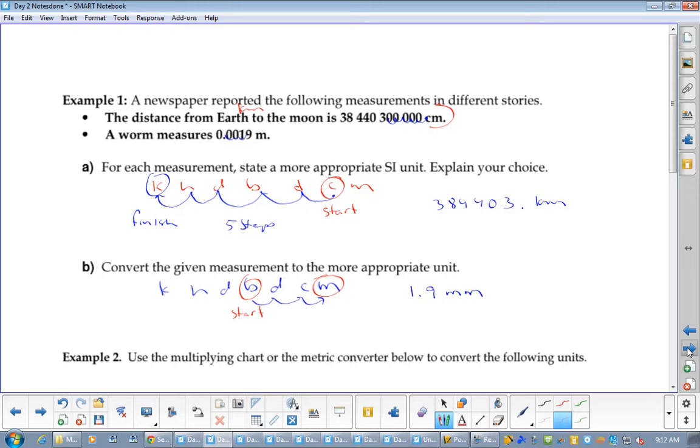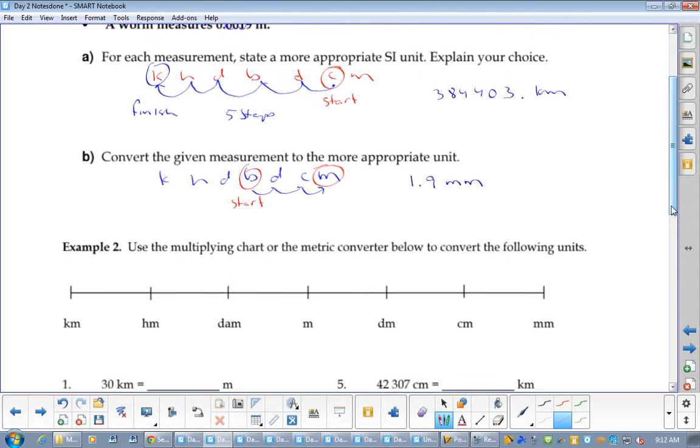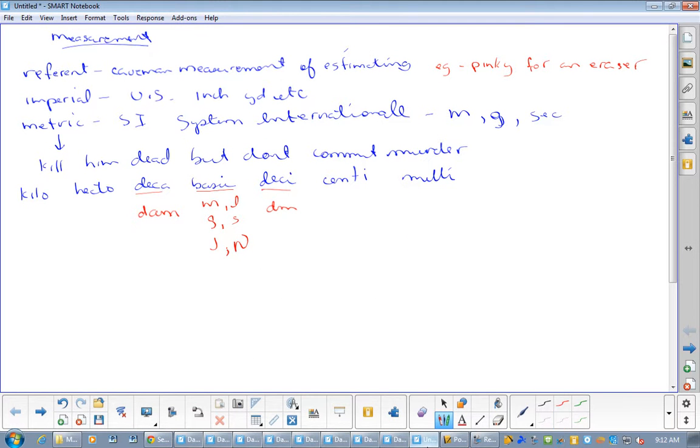Okay, then we go to the next one. Now, maybe, and you wouldn't believe how awesome examples are. So if we went from, let's say, let's do this one, meters to millimeters, so 0.0019 meters. What was that example?